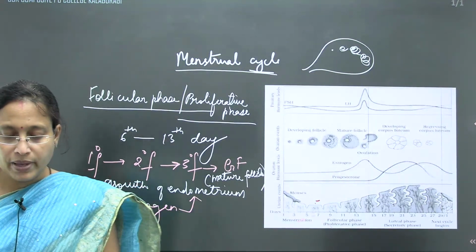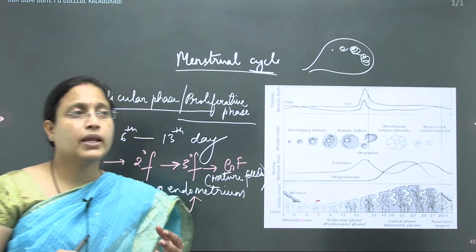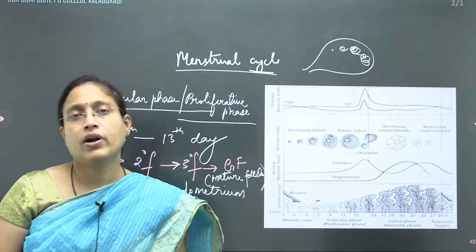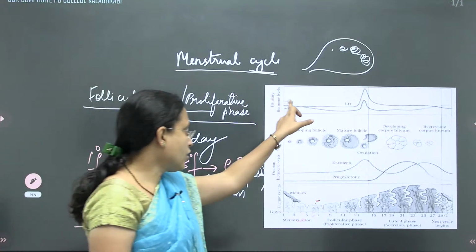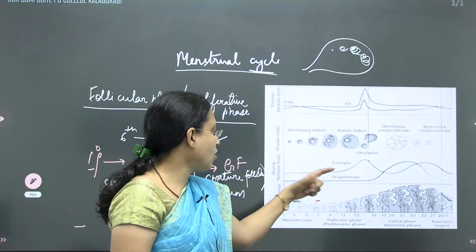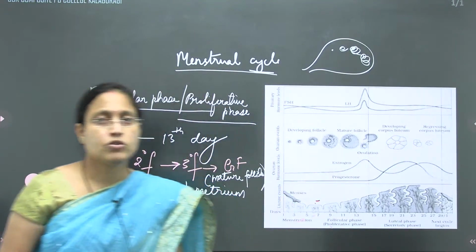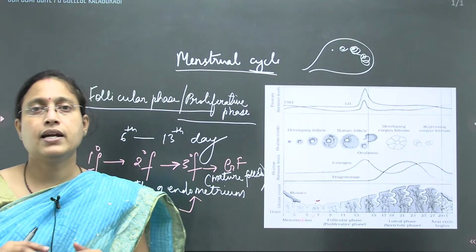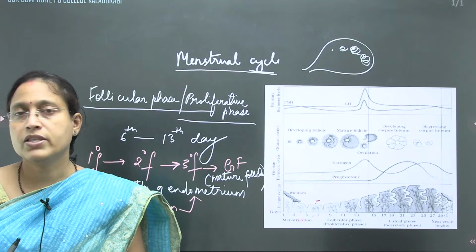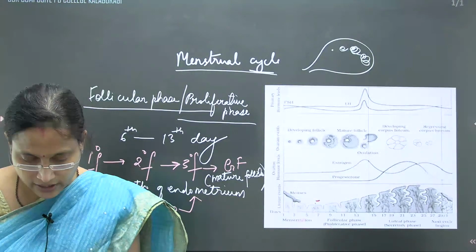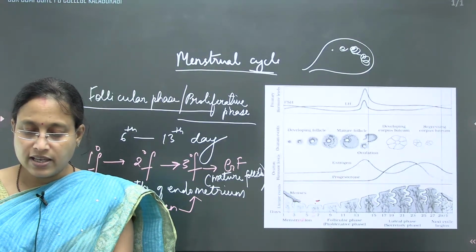Basically, all these events will be controlled by pituitary hormones and ovarian hormones. Pituitary hormones: FSH, LH. Ovarian hormones: estrogen and progesterone. Their concentration ultimately determines the menstrual cycle events. So what changes occur in the ovary?